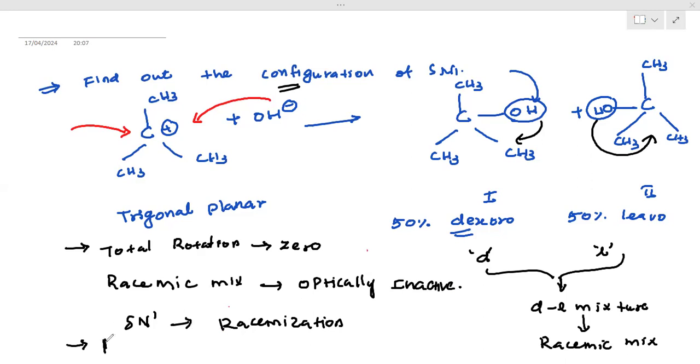Next, the reactivity of alkyl halides towards SN1.